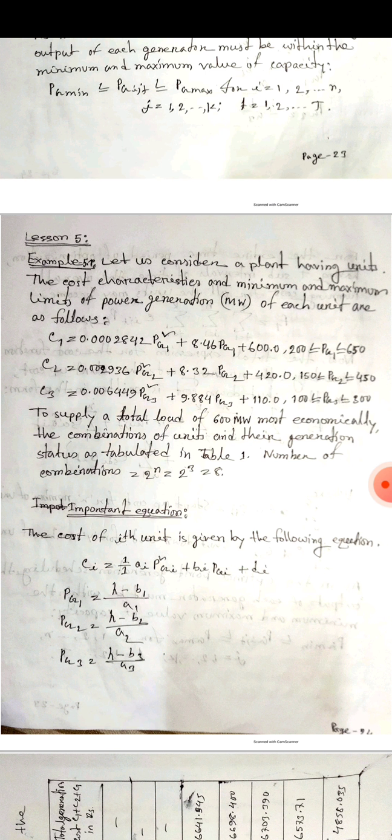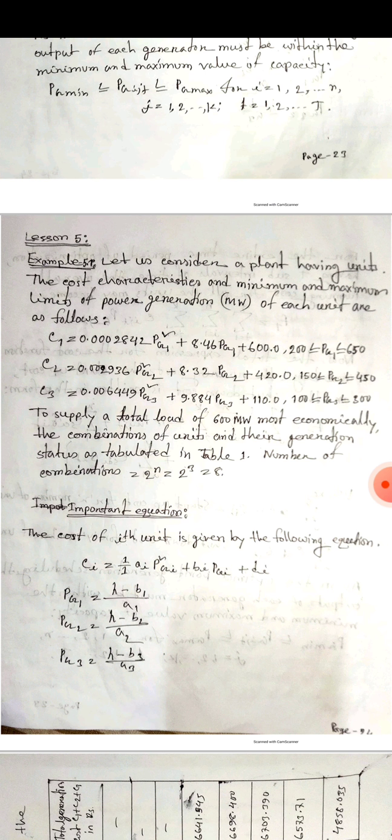Important equation: the cost of a unit is given by the following equation: Ci equals 1 divided by 2 Ai Pgi squared plus Bi Pgi plus Di. This equation is used in the problem, example 5.1.